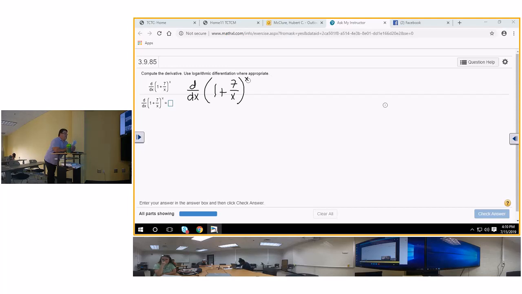This problem is pretty much 95 to 99% algebra.